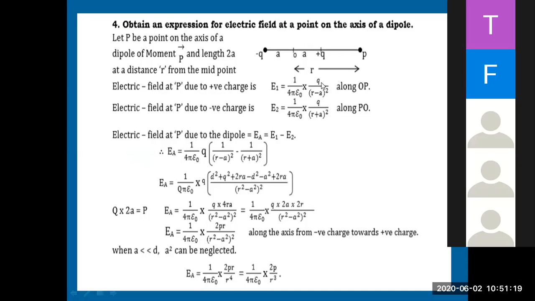Remaining in E1 is 1 divided by r minus a the whole square. Put a negative sign. Here it is 1 divided by r plus a the whole square. Write it down separately. We are removing out 1 divided by 4 pi epsilon naught into Q. Remaining in E1 is 1 divided by r minus a the whole square. Remaining in E2 is 1 divided by r plus a the whole square.